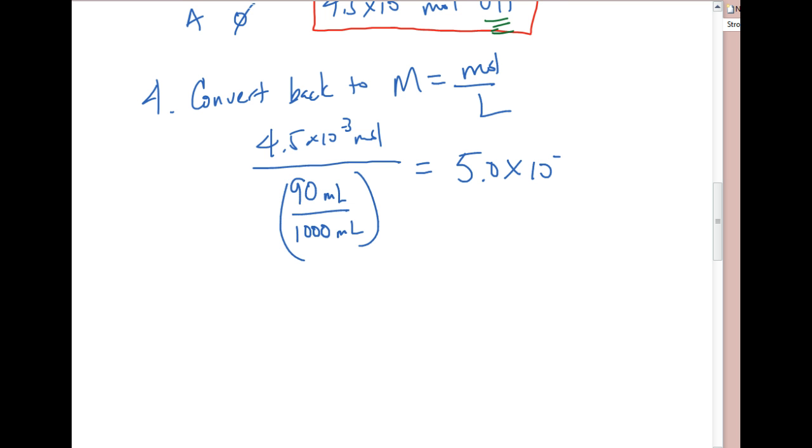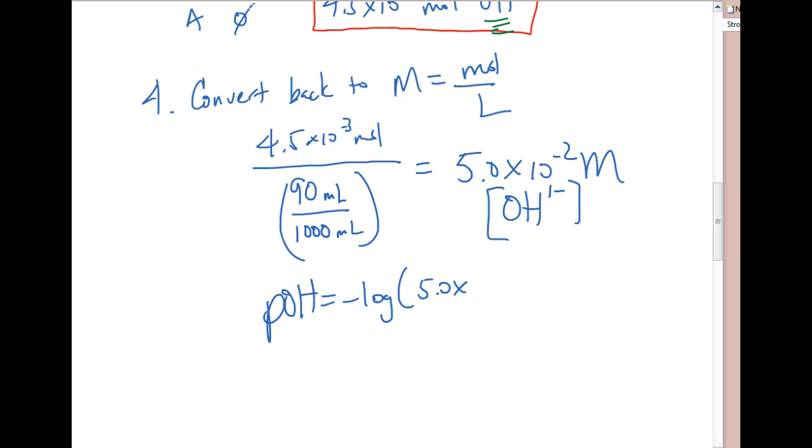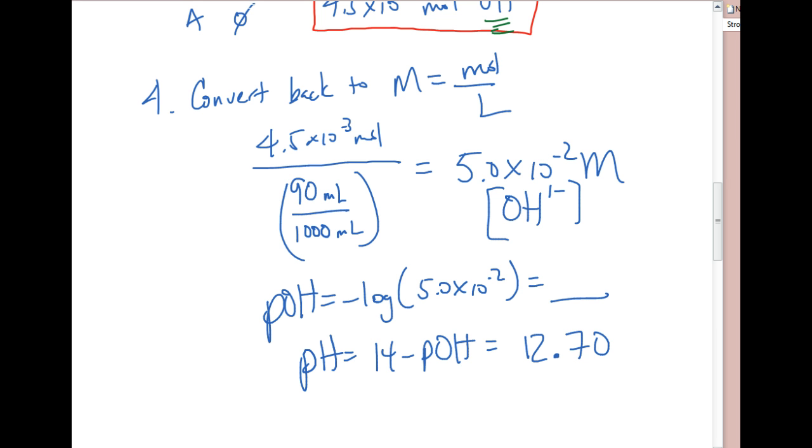I get 5.0 times 10 to the -2 molar, which is the concentration of the hydroxides. To get pOH, I take the negative log of 5.0 times 10 to the -2, and then I subtract that answer from 14, which gives an answer of 12.70.